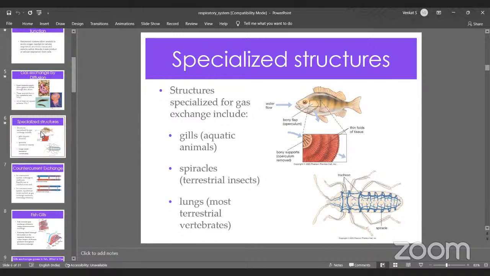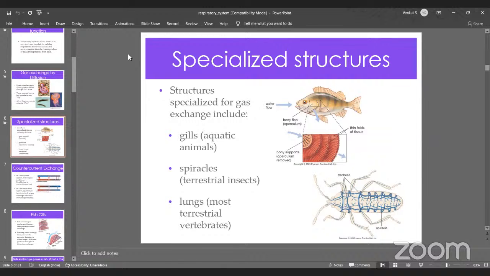See the specialized structures of aquatic animals. Aquatic animals respire using special structures. The structures specialized for gas exchange include the water-flow mouth and the bony flap called the operculum.